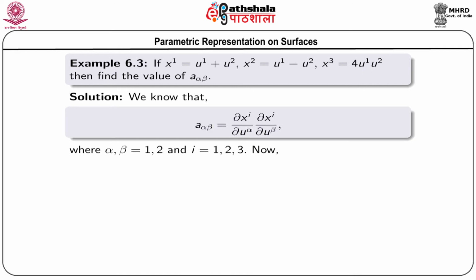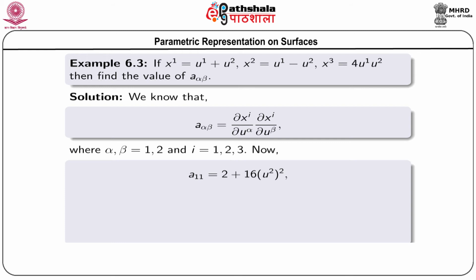From the formula A alpha beta equals del xi del u alpha del xi del u beta, where alpha beta is running from 1 to 2 and i is running from 1 to 3, we have A11 equals 2 plus 16 u2 square, A12 equals 16 u1 u2, A22 equals 2 plus 16 u1 square.